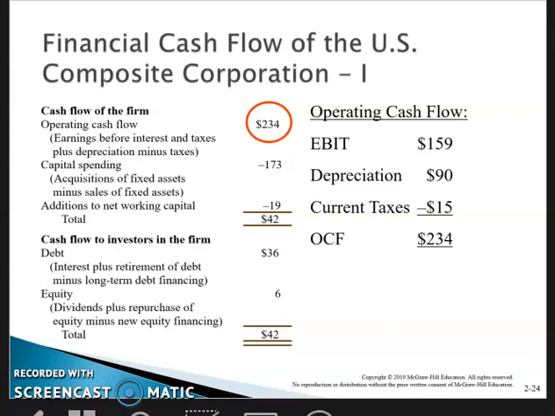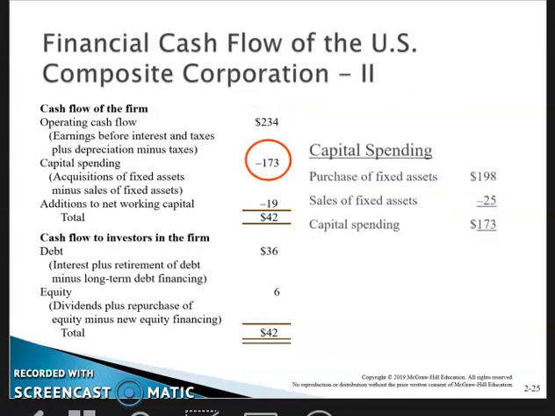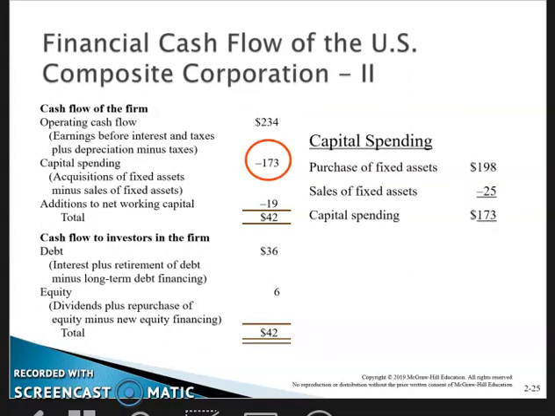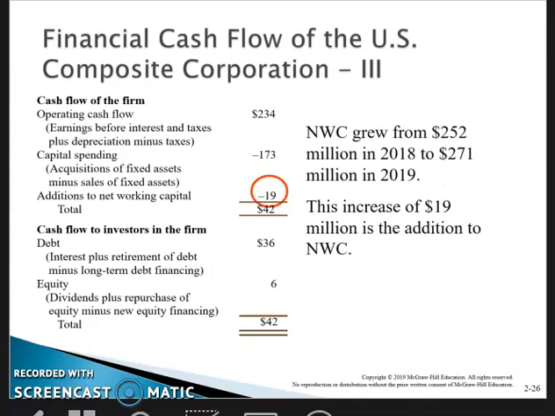We want to take anything that's not an accrual out of the calculation, so we get actual cash flows. Then we move on to capital spending. Capital spending is net capital spending, so it's the purchase of fixed assets minus the sale of fixed assets. And then finally, net working capital is simply current assets minus current liabilities.